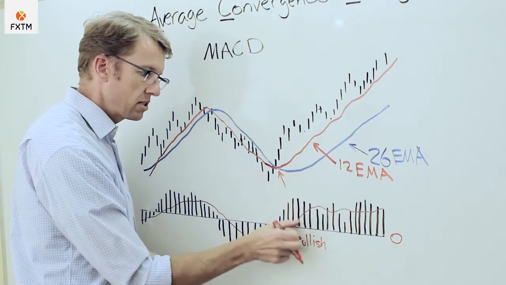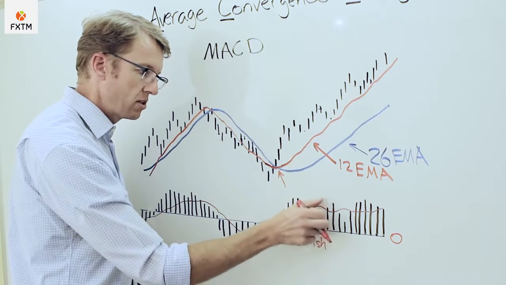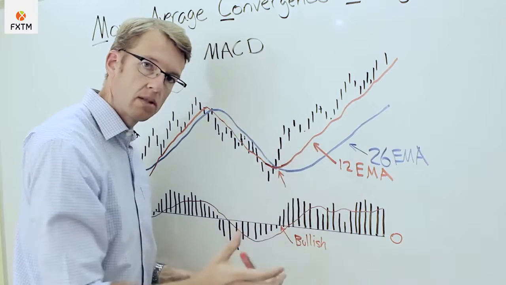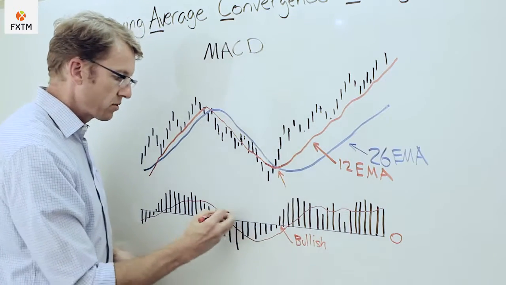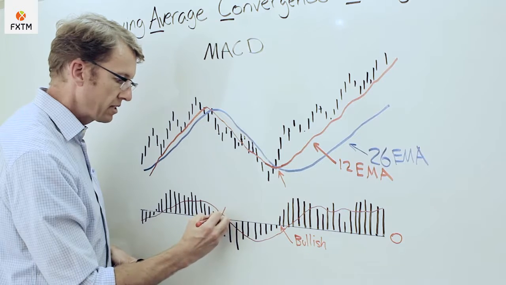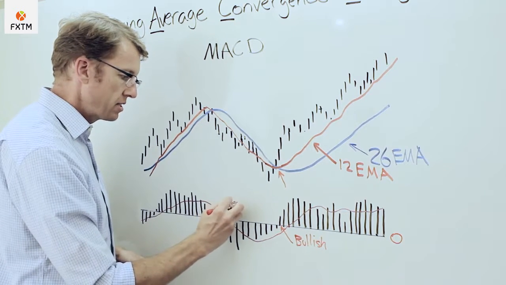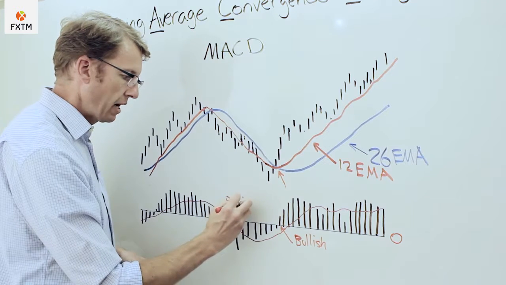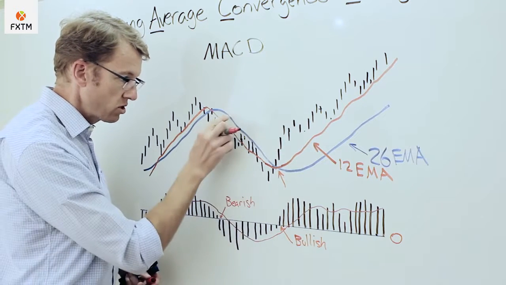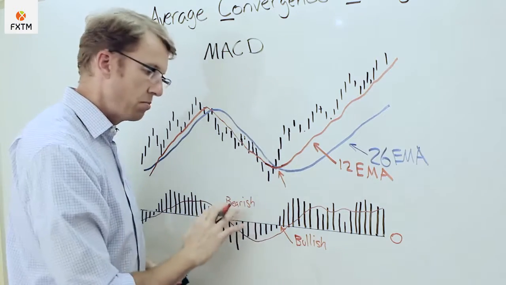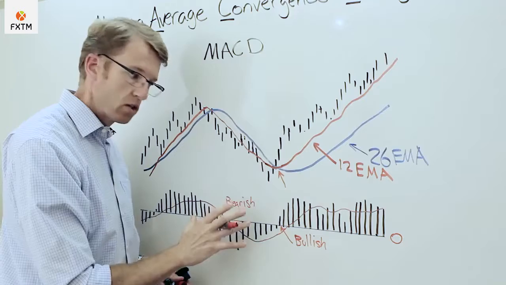As long as this histogram continues to grow, the MACD continues to rise, and it's telling us that the difference between the two is also accelerating, so that would be a bullish indicator. And the opposite, of course, would be true as well: when the MACD crosses below its baseline, that's bearish, and as the fast period moving average continues to diverge from the slow period moving average, that would tell us that bearish momentum was continuing to build.